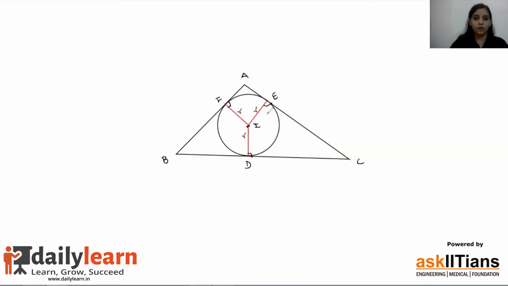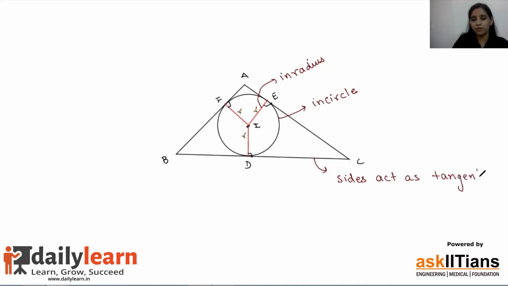This circle is basically known as the incircle, and the radius generated over here is known as the inradius. And the sides of the triangle act as tangents to the circle.